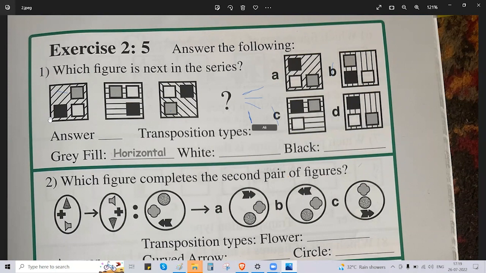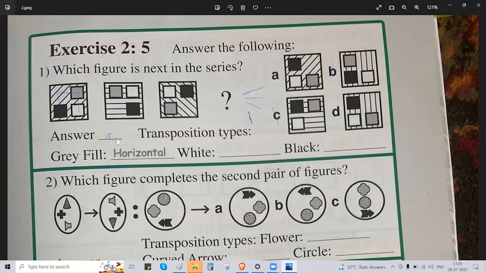So first let's write the answer. And then the gray fill turns horizontal, and the white fill, let's see. So the white fill goes up here, it goes up, and then it goes here, and then it would go down.